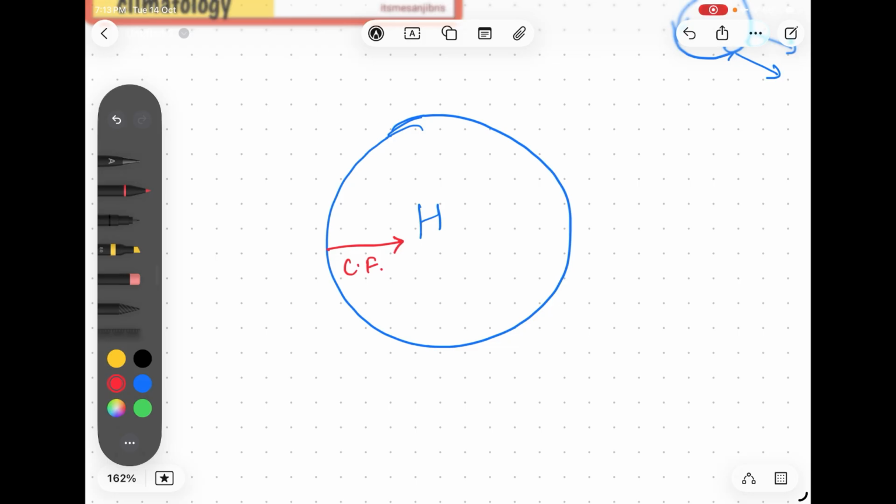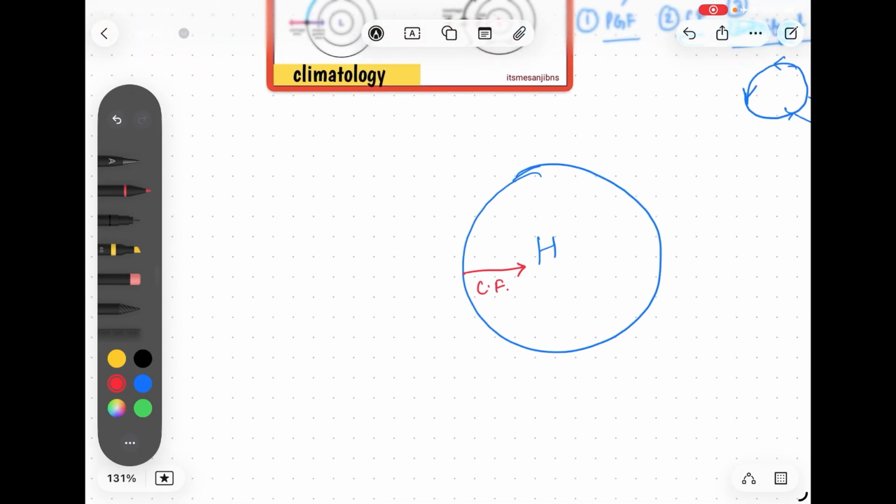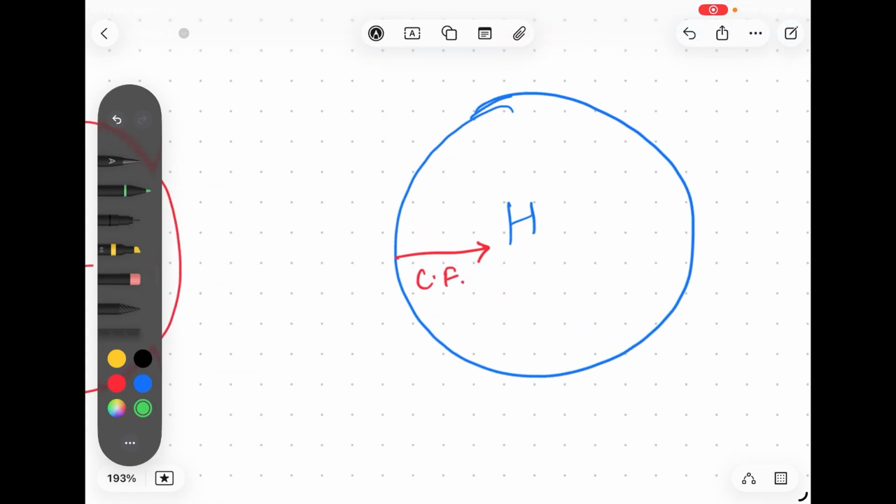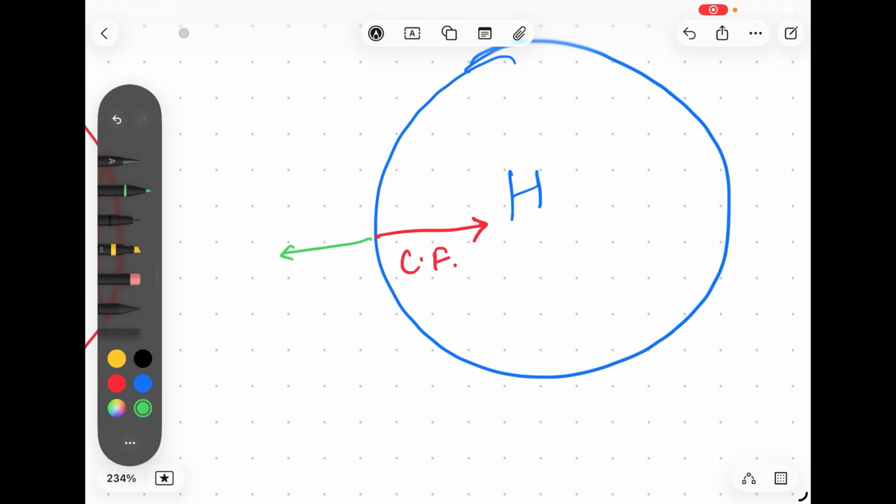And pressure gradient, if this is my low pressure area, so the pressure gradient force will move in this direction from high to low, okay. And now we have another force, that is centrifugal. Centrifugal also moves in the outward direction. So now if you see, the outside force is higher, right? Due to the centrifugal force, which is assisting the pressure gradient force, the force here is more as compared to the Coriolis force.